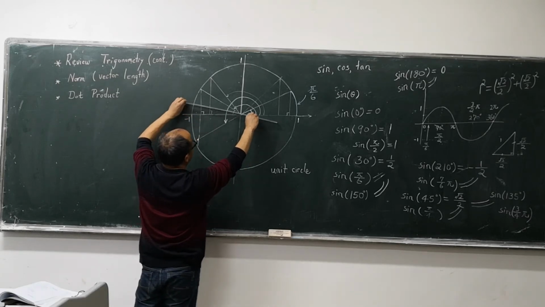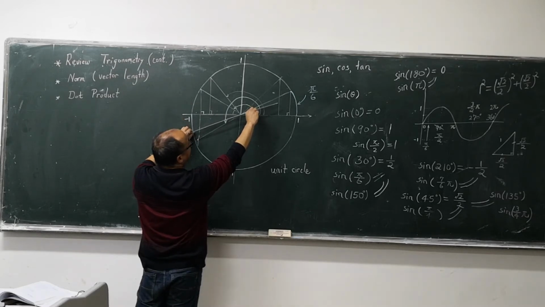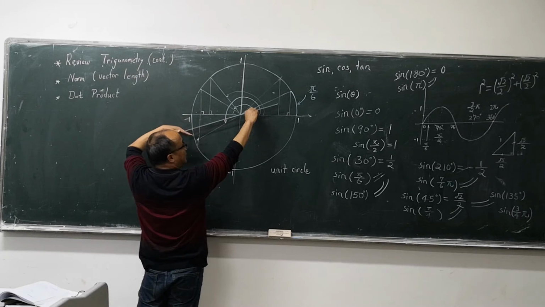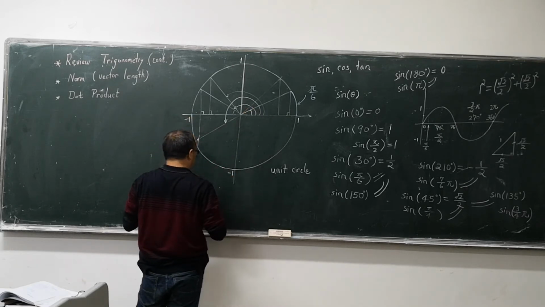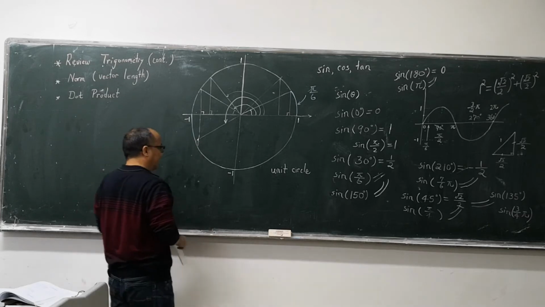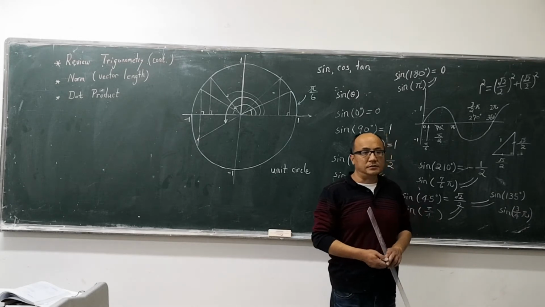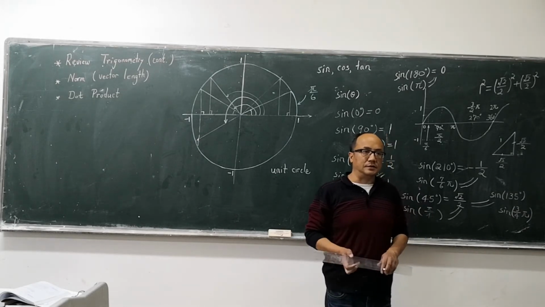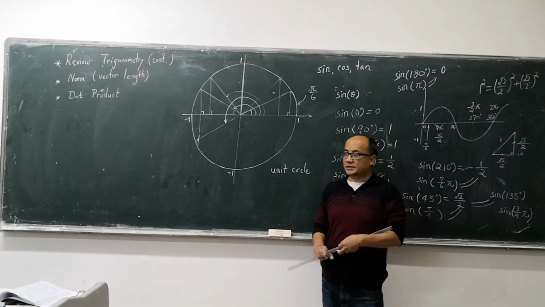One is positive. 170 degrees is here. 190 degrees, 10 degrees more than 180, is below, is underground, is a negative. If you have this story, then you know this. Okay, we stop here.